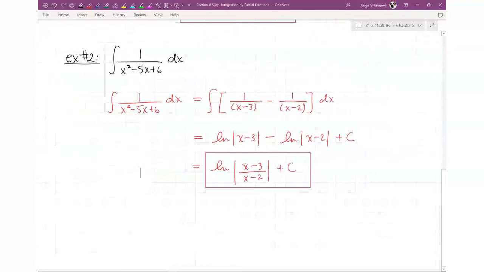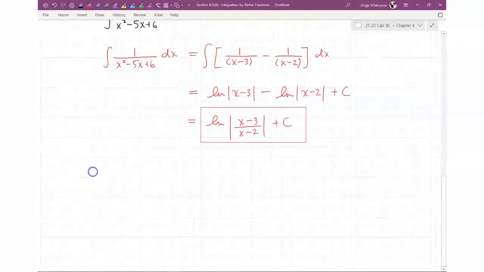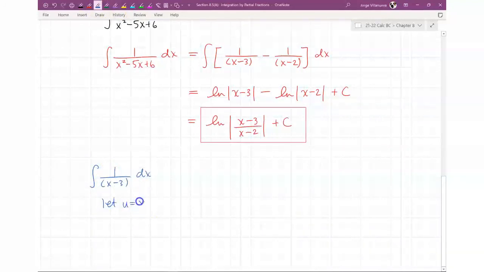Now, if you don't remember how to integrate things to become natural logs like this, let me just show you one of them. You're going to let u equal x minus 3, so du is just dx.